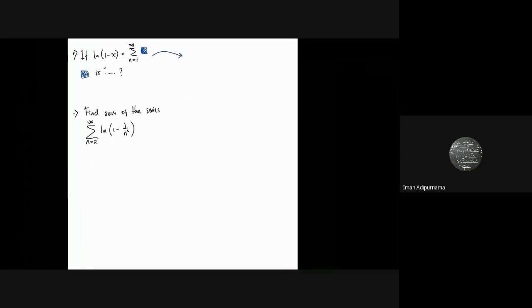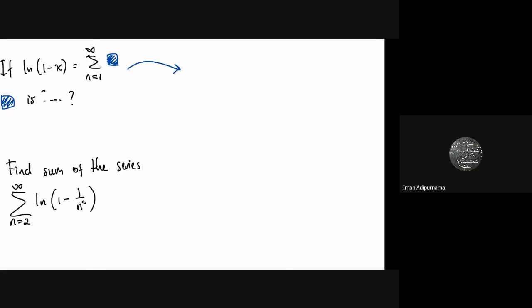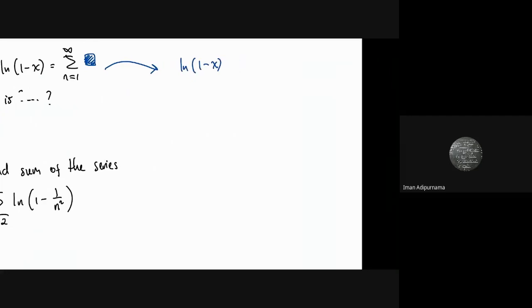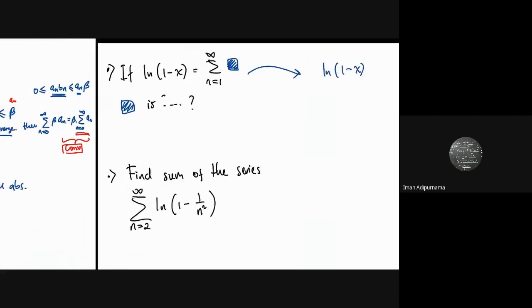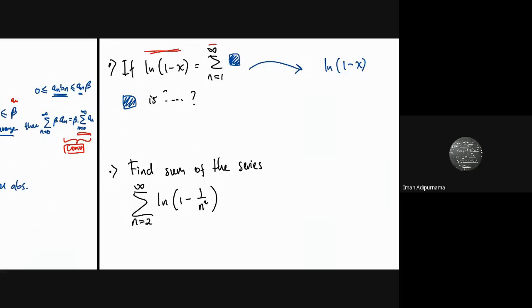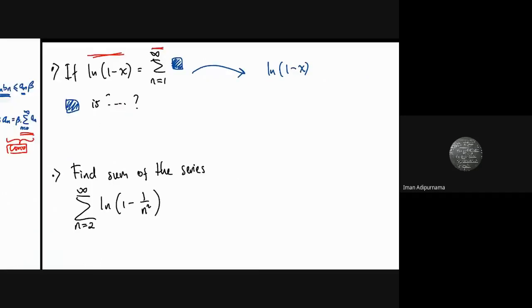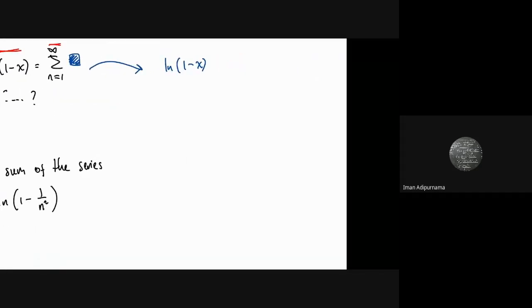So let me move to here. Okay, so if you see ln of 1 minus x, first, if you find this kind of question, where you have a function and you need to write it in terms of a sum, what you can do is think of derivatives or integrations. So in this case, let me differentiate first.